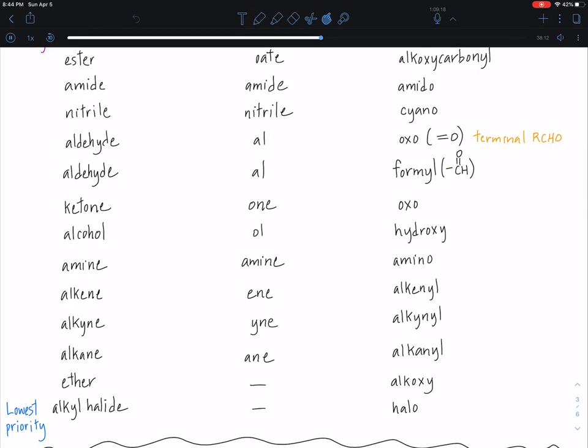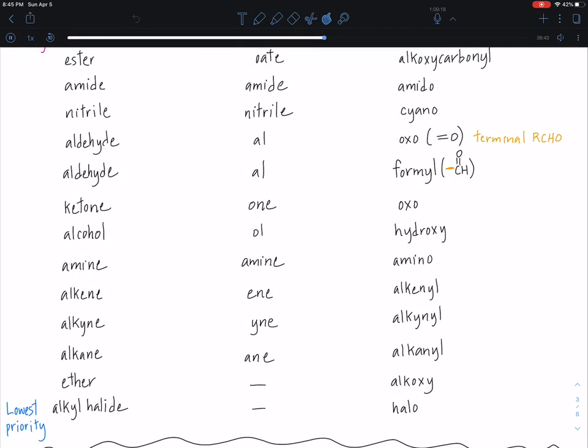The other way that we could name an aldehyde is if it was part of a substituent. So if that carbon is bonded to the rest of the group here, so this bond right here hooks it up to the rest of the molecule, and that whole carbonyl with the hydrogen is part of the substituent, then the prefix formyl is used to indicate that there's an aldehyde there.